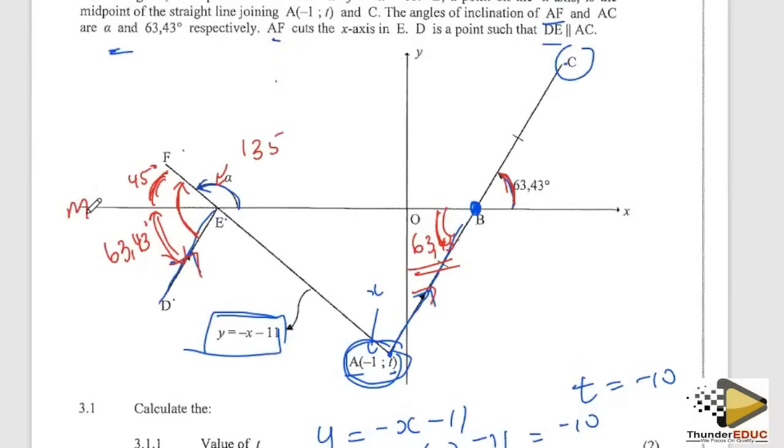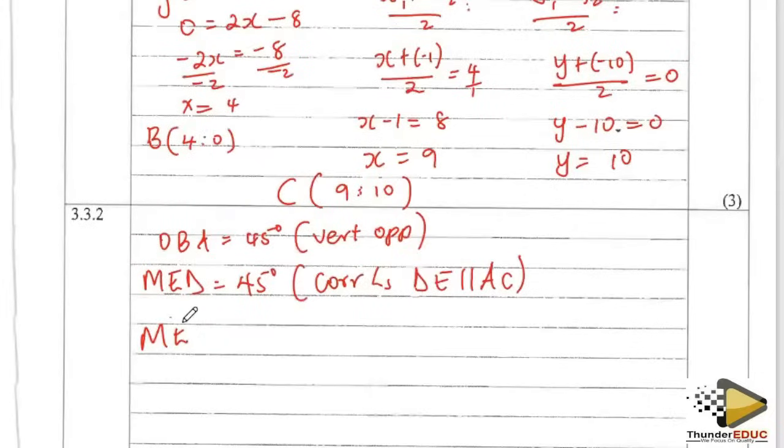Then I can say that MEF, what am I doing? There's something wrong here. I just have to restart afresh. Not the 45 times. 63.43.